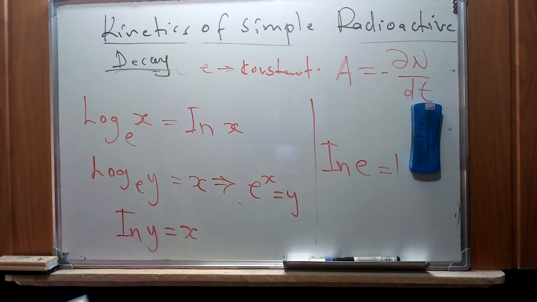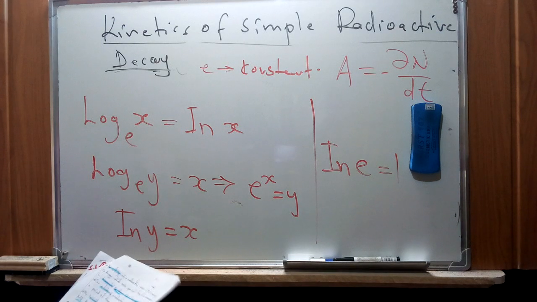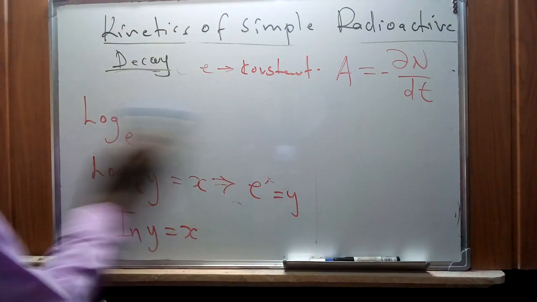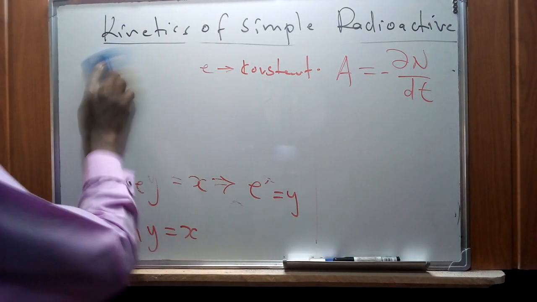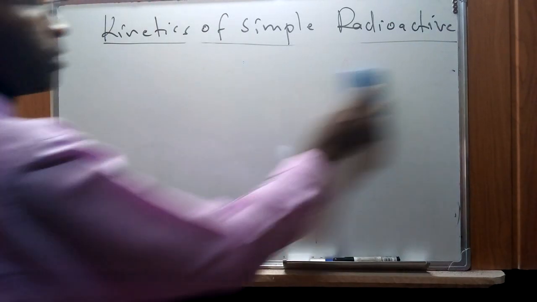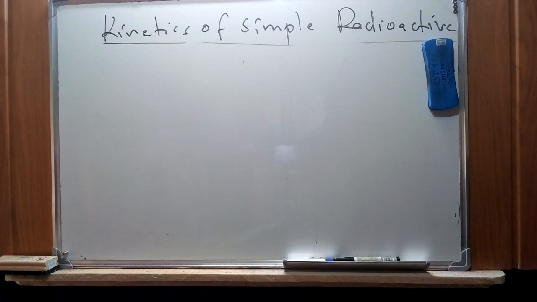So having reminded ourselves of those basic laws of those exponential expressions, or just the logarithmic expressions which are expressed in terms of a natural number e, we're going to look at what this decay activity or decay rate and the decay process basically entails, and try to figure out how we can quantify different aspects of this decay rate.